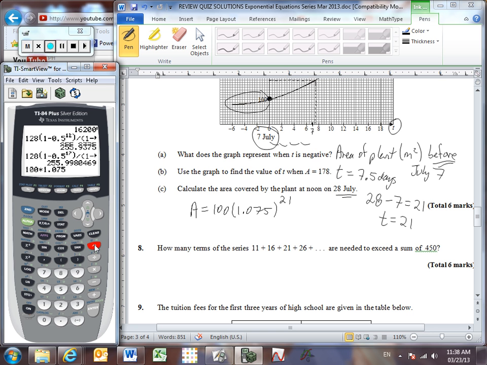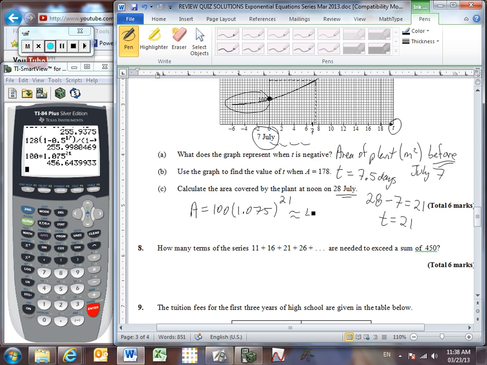And that's to the power of 21. 456.644. You notice I'm following my convention of writing down more decimals than I need first, and then I can always round it at the end to 457. And it says to calculate the area, so let's make sure we include the correct units. That's meters squared.